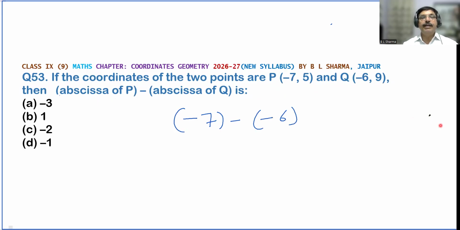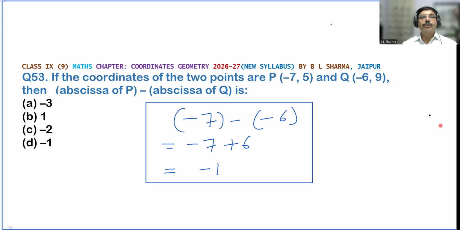And you have to simplify now. -7 plus 6, that is -1. So abscissa of P minus abscissa of Q, that is -1. So we can say D is the correct option.